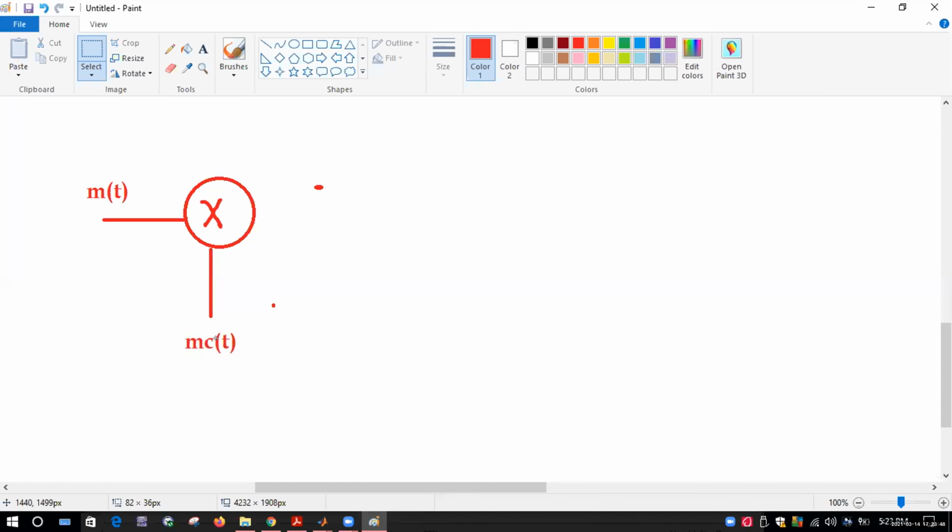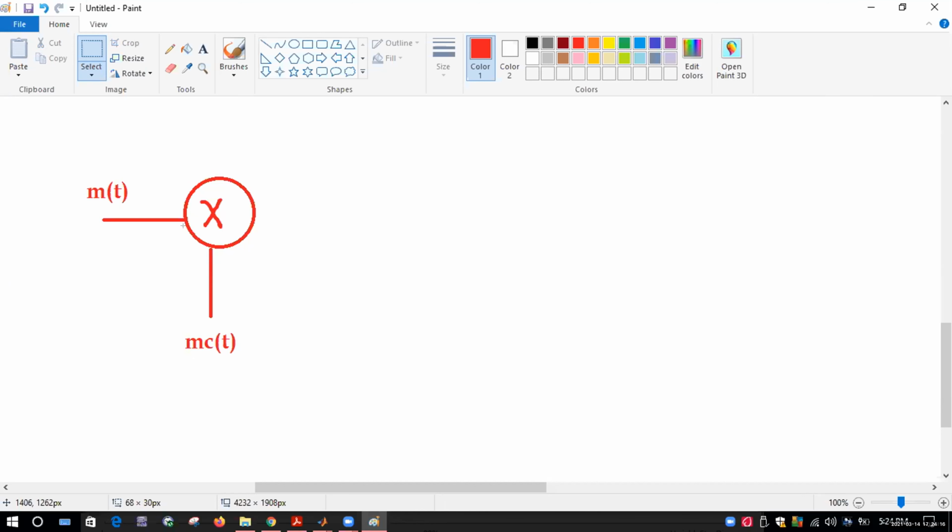Is it a high frequency signal or a low frequency signal? Low frequency. And what is MC of t? This is the carrier. What is the difference between these two signals? Frequency. Yes, the frequency is the difference. This is a low frequency signal and this is a high frequency signal. That's the only difference.